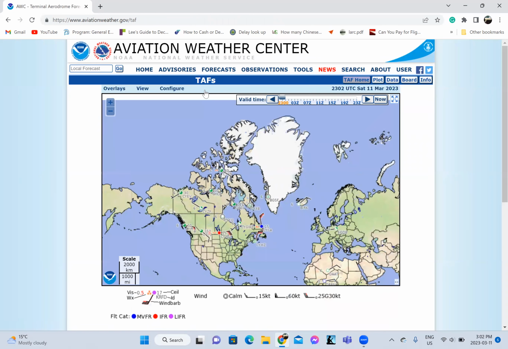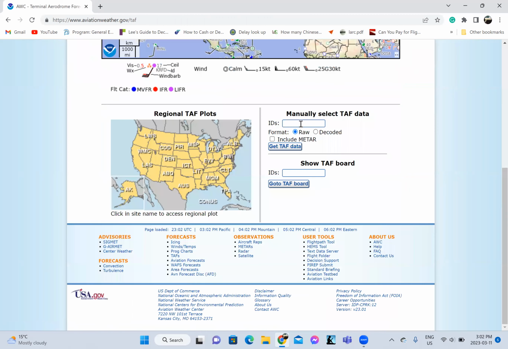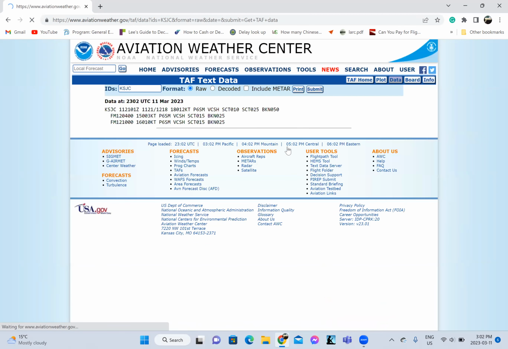Now here we have some TAFs. Again, let's look at our home airport area. Reid-Hillview does not have a TAF, so we'll look at San Jose. And here it is.